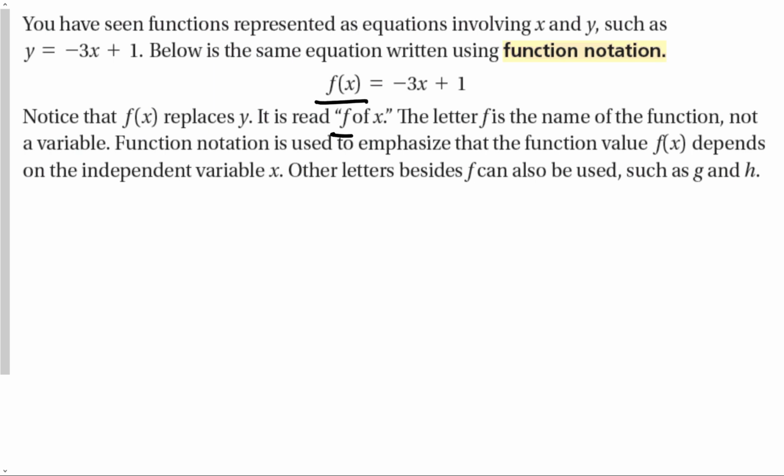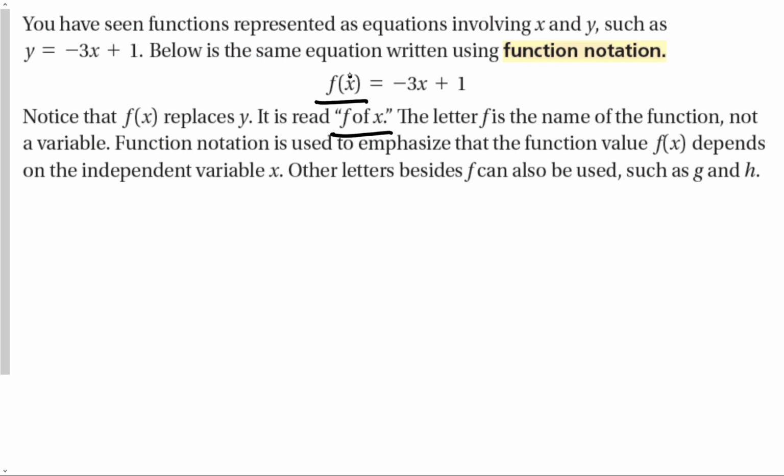We read this as f of x, the function f at this particular variable, the function evaluated at x. The letter f is the name of the function, not a variable. That's very important, and a lot of people make that mistake. The f is just notation.